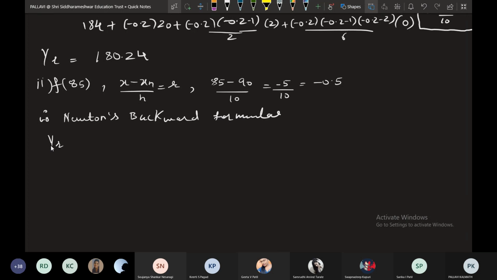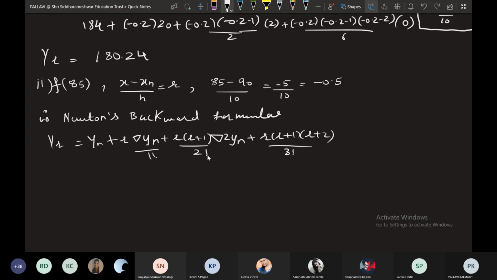So yr is equal to how much? yn plus r into nabla yn, if I write nabla also, that is fine, plus r into r plus 1 divided by 1 factorial, this is 2 factorial into nabla square yn, plus r into r plus 1, r plus 2 divided by 3 factorial into nabla cube yn.